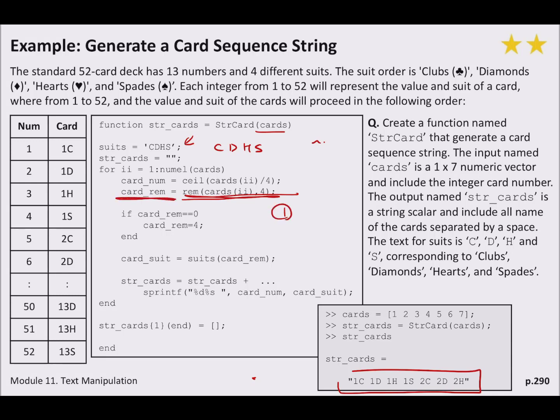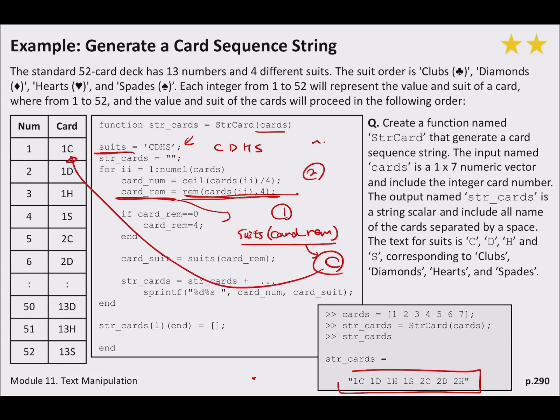So we use this card remainder as an index to access the value of the suit variable. The card remainder gives us a C. If the remainder is 2, that is the D. If the card remainder is 3, we can read the H.